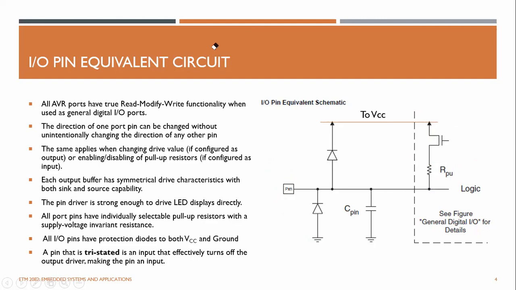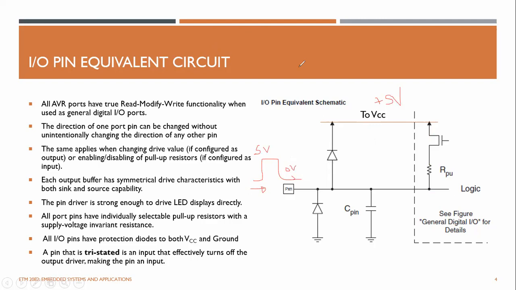And the diodes here serve protection purposes. For example, now assume the microcontroller works with a 5 volt supply. Sometimes you connect it to a sensor or whatever, and the reading comes as a digital signal, like 5 volt and 0 volt.